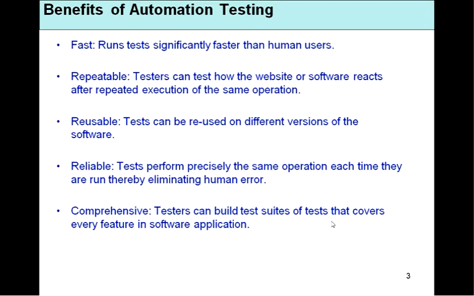Reusable. Tests can be reused on different versions of the software. Say you developed a script for version 1 of an application. As I told you, Gmail earlier was something different; the look and the features were very different. During that time, you would have developed a script for login and inbox. Now the version is different, but you can use that login script with the current version also.